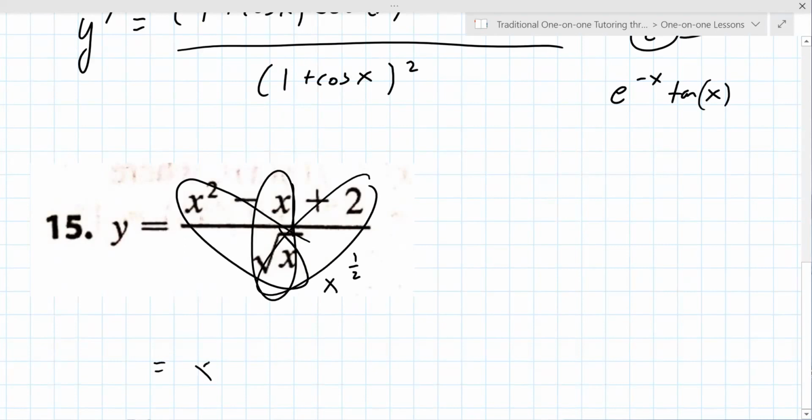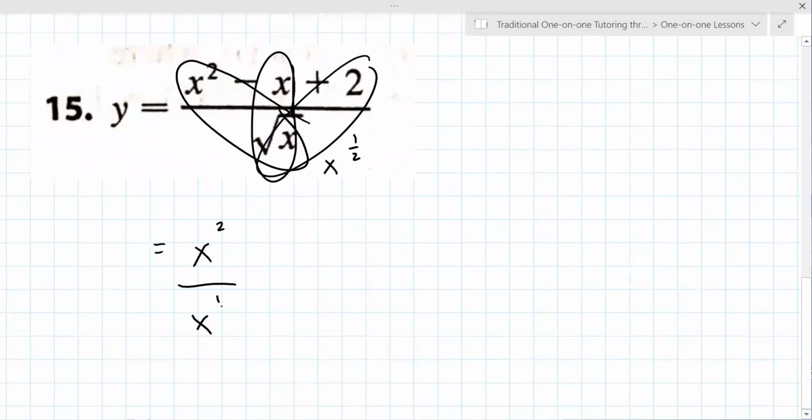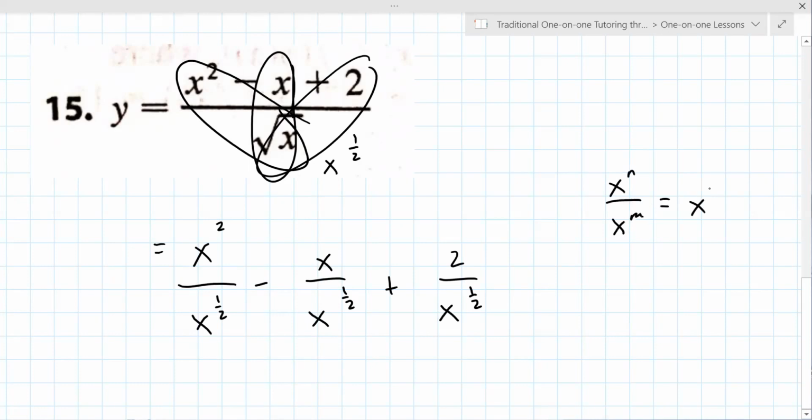So it becomes x squared over x to the 1/2 minus x over x to the 1/2 plus 2 over x to the 1/2. And each of these you can reduce using, if you have x to the n over x to the m, it equals x to the n minus m.